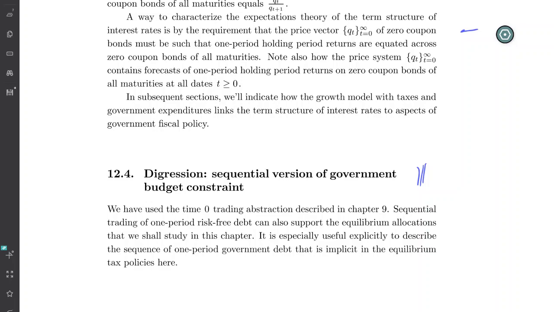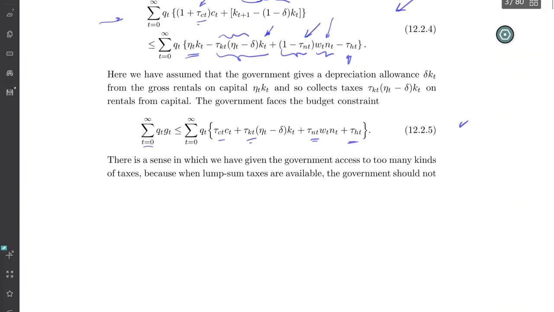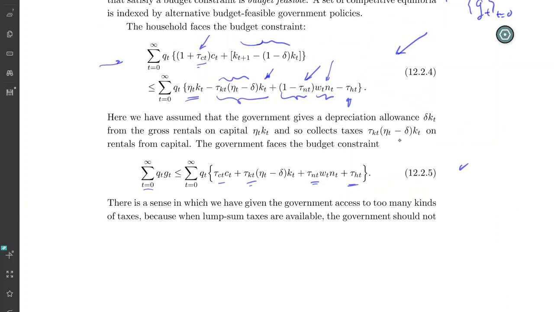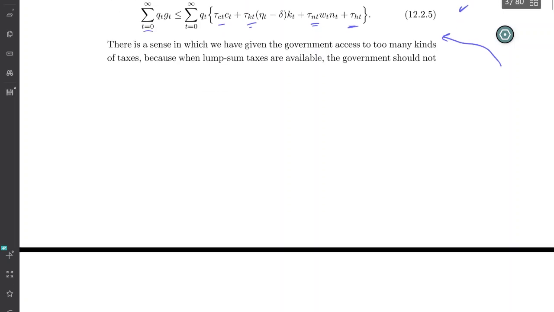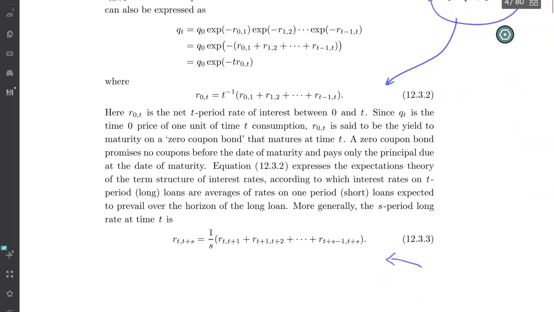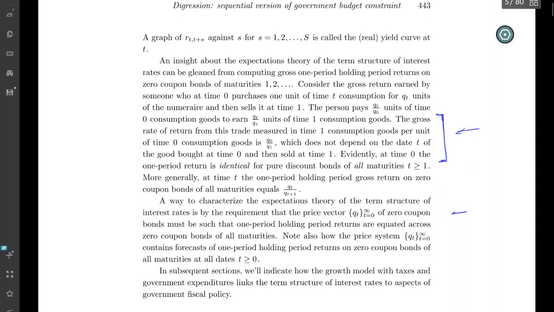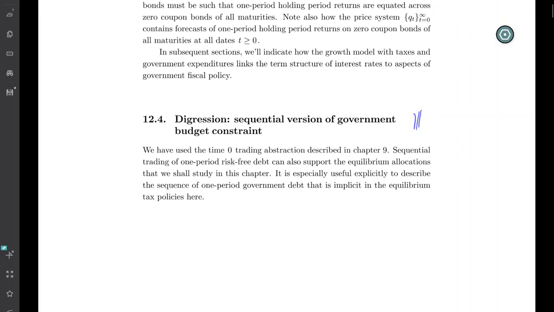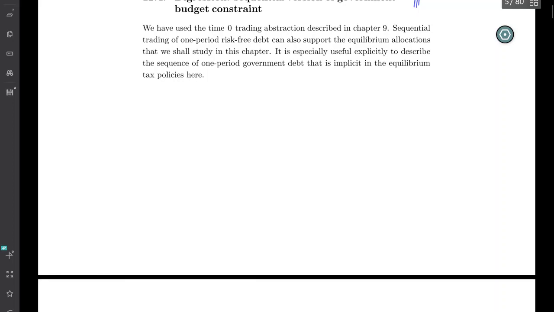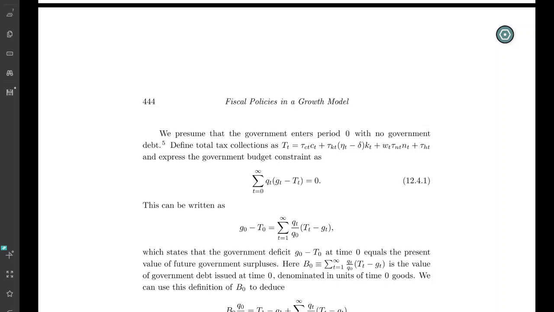We're going to take the Arrow-Debreu version of the government budget constraint, and rewrite it taking Arrow's view, in terms of one period Arrow securities, to get a sequential version of it. Why? Well, lots of times people will write down the Arrow version and not the Arrow-Debreu version. But it's good to know both. So that's what's done here.